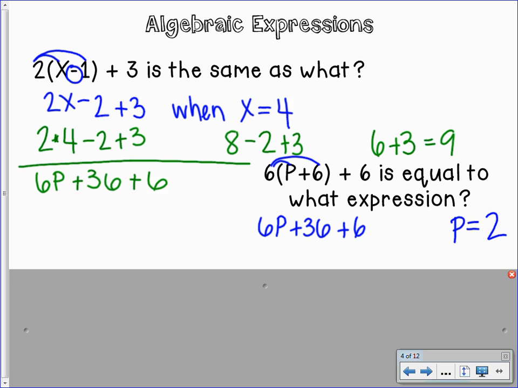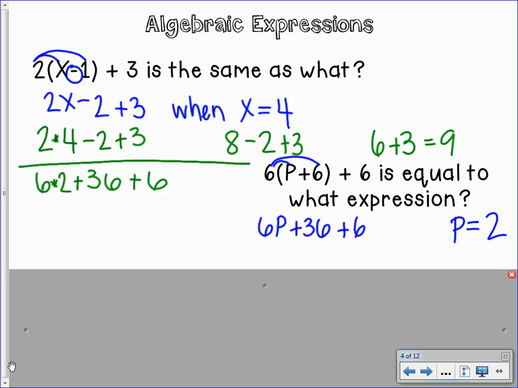Okay, I know what P is. What is P? 2. So I can take that P out. But what am I doing? If that number was right next to that letter, what am I going to be doing to them? Am I going to be adding them, subtracting them? Multiplying, right? Because they're right next to each other.